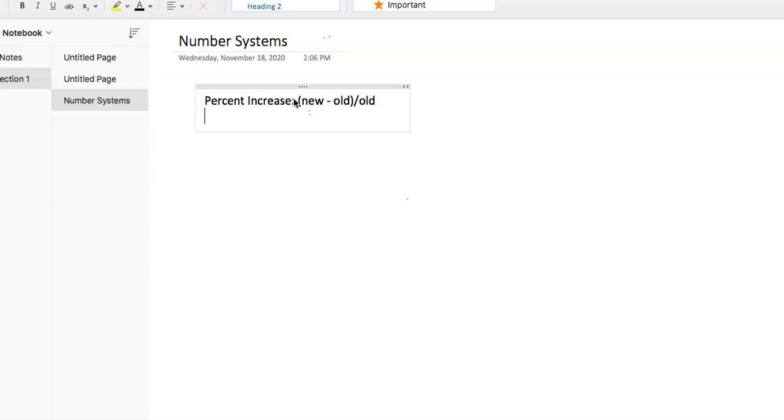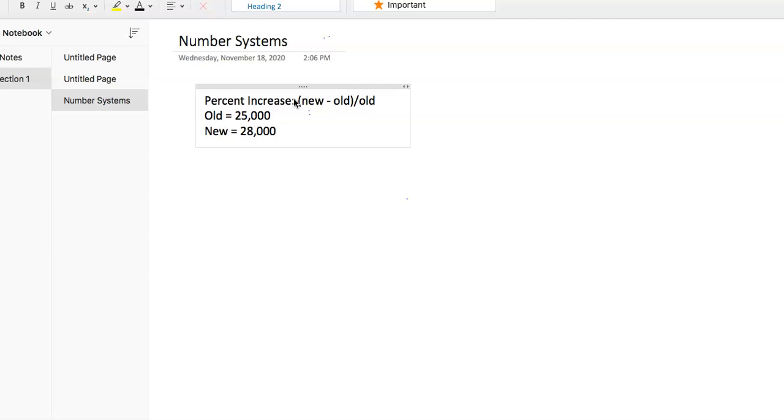Or like in this one, we're going to do a population question. It's going to say population grows from 25,000 to 28,000. Okay, so old equals 25,000. New is 28,000.